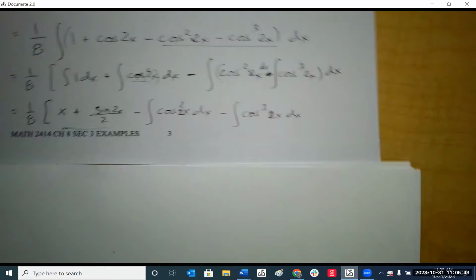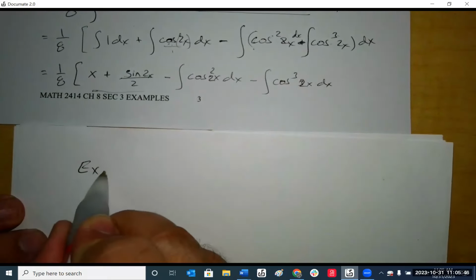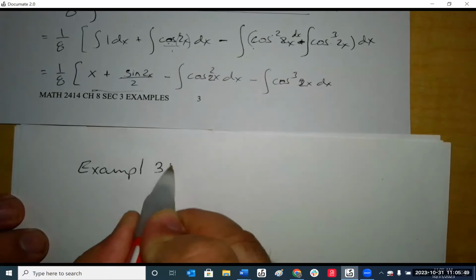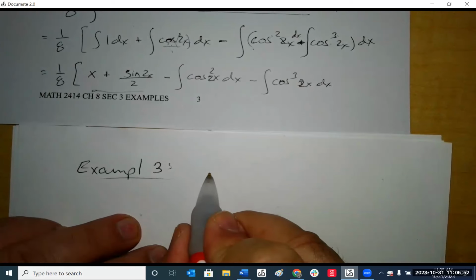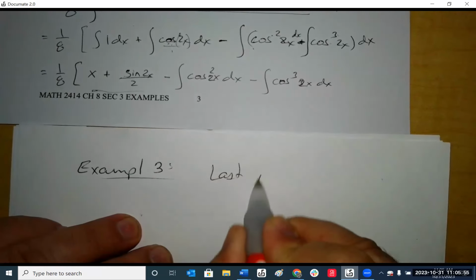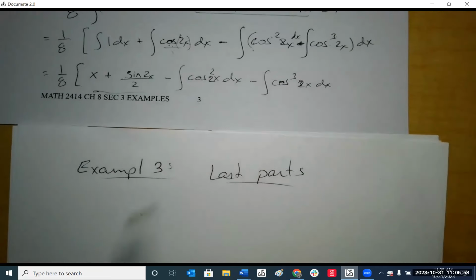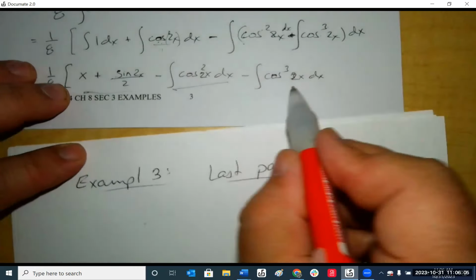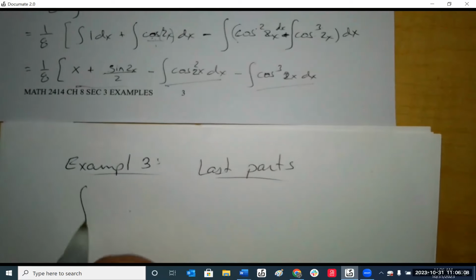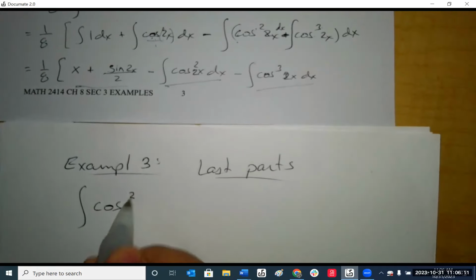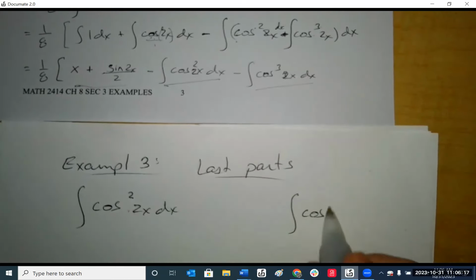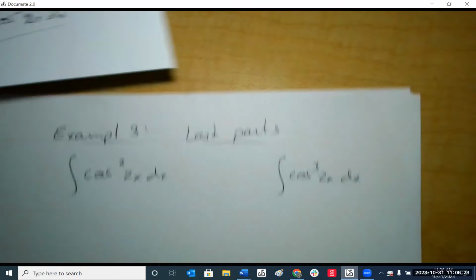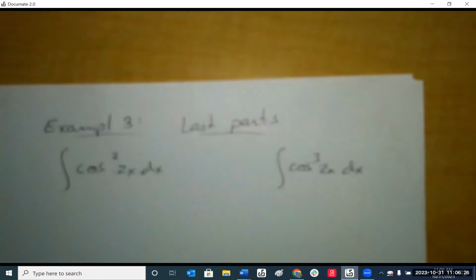For example 3, the last parts: we have to find the integral of cosine squared 2x dx and the integral of cosine cubed 2x dx. Once we find those, we put them both back in there and then we work it out.